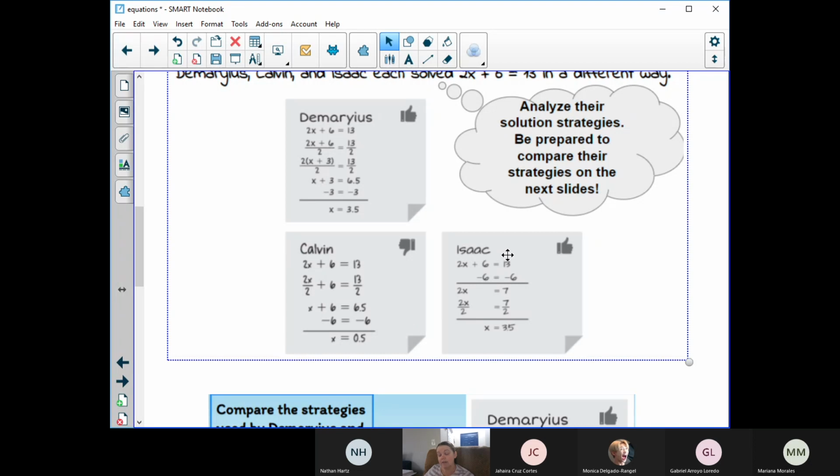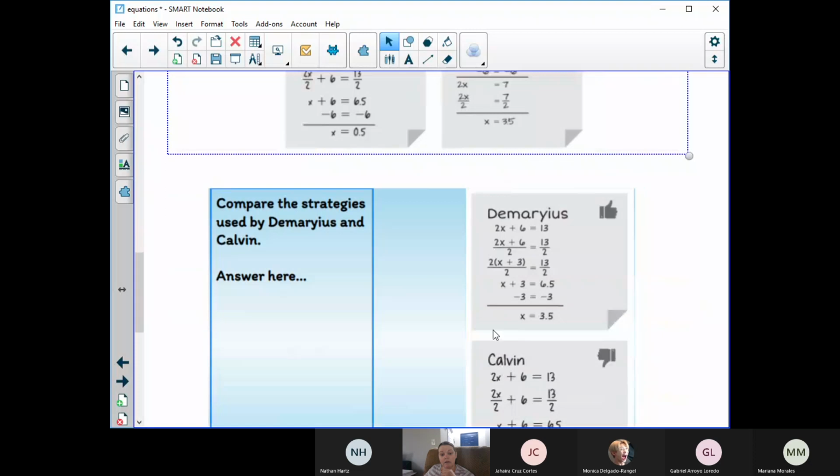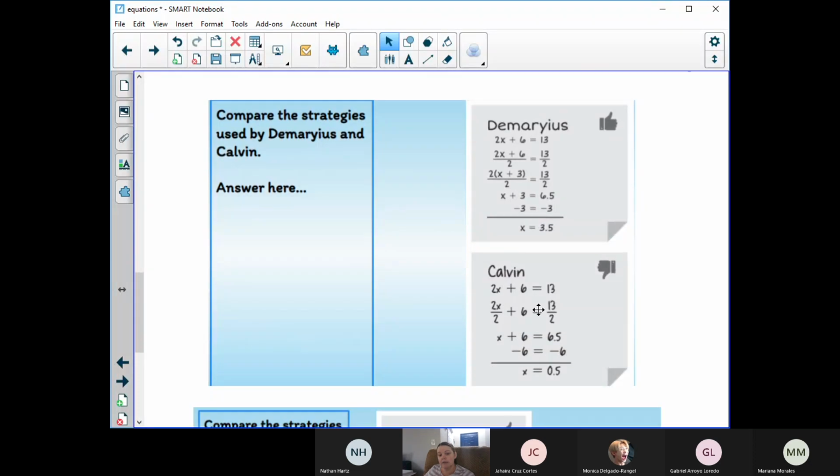Demarius and Isaac got the same answer, even though they used a different method, and Calvin ended up with the wrong answer. So let's look at Demarius and Calvin. Where did Calvin go wrong? What did he forget to do? Because they both started with division.